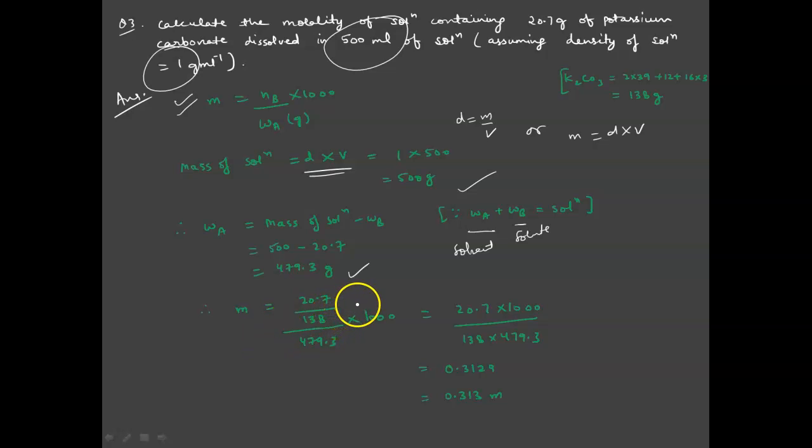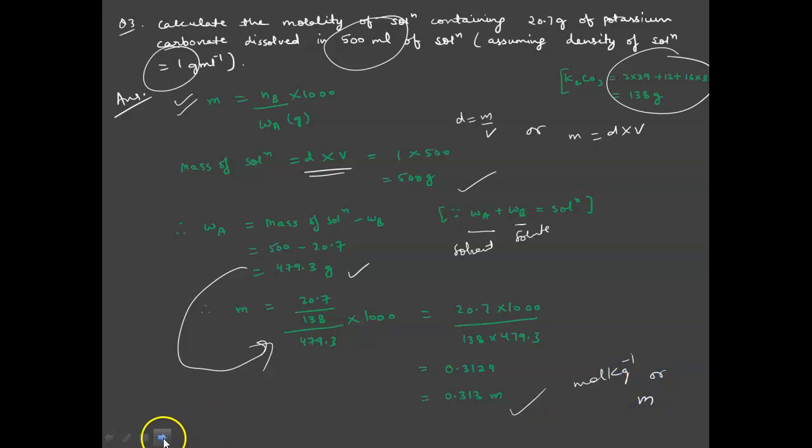Mass is 20.7. Molar mass is 138. This is the molar mass calculation. And mass of solvent 479.3 gram. This value into 1000 because it is in gram. After solving we got 0.313 m. This is molality, or you can say mole per kg or small m.